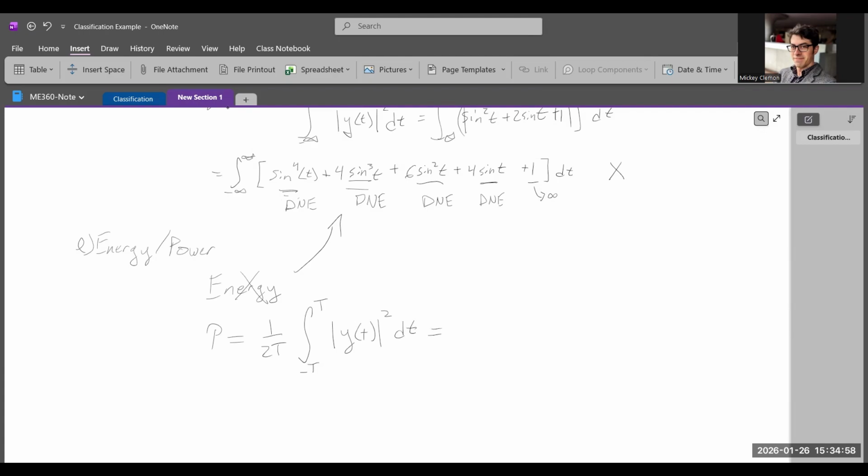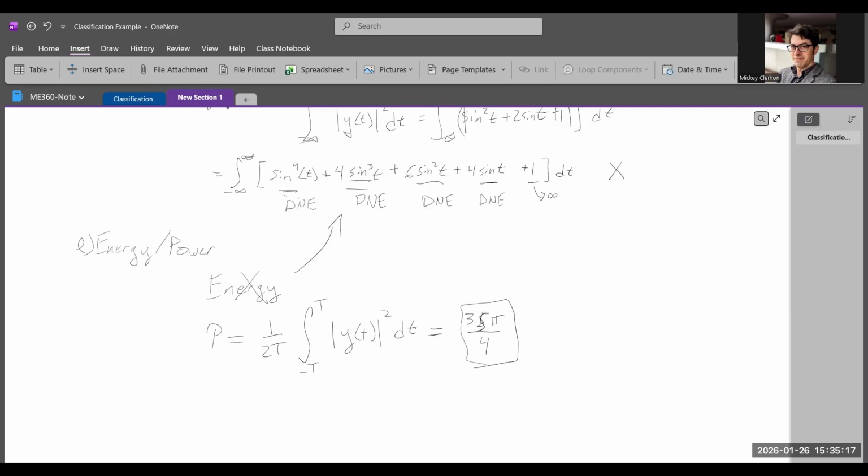Which, if you chuck these numbers into a solver, you end up with 35 pi over 4 for our power.